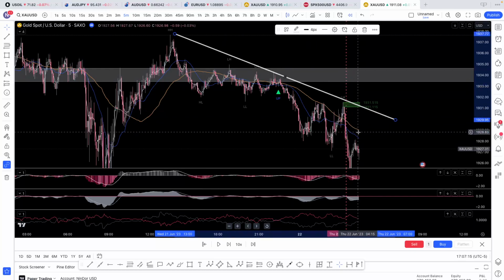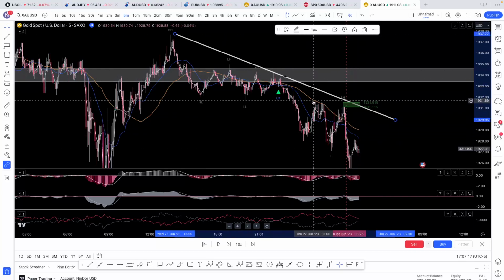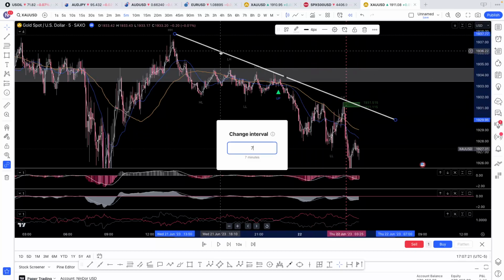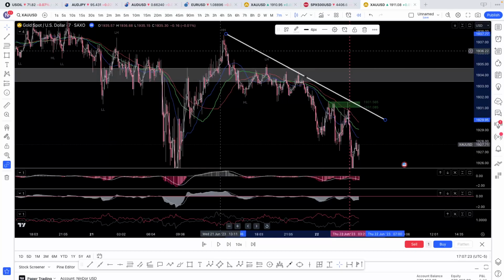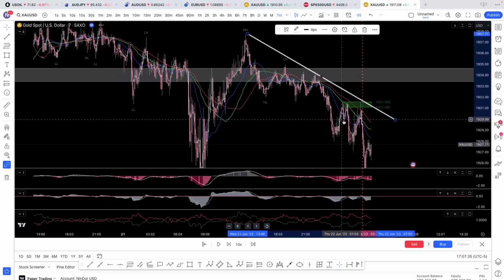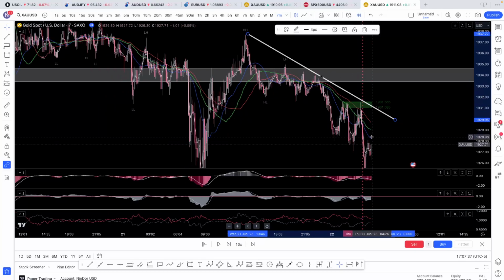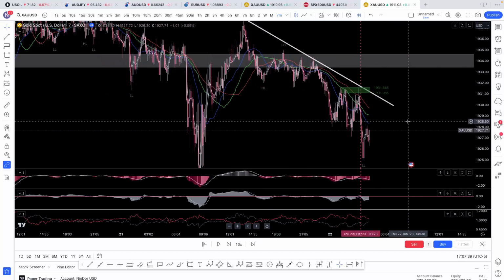However, right here they are open. I'm looking for no crosses of the blue and the red in this downtrend, and as I follow along here, I'm not seeing any crossings of the blue and red. Okay, so that's on the 7-minute time frame.